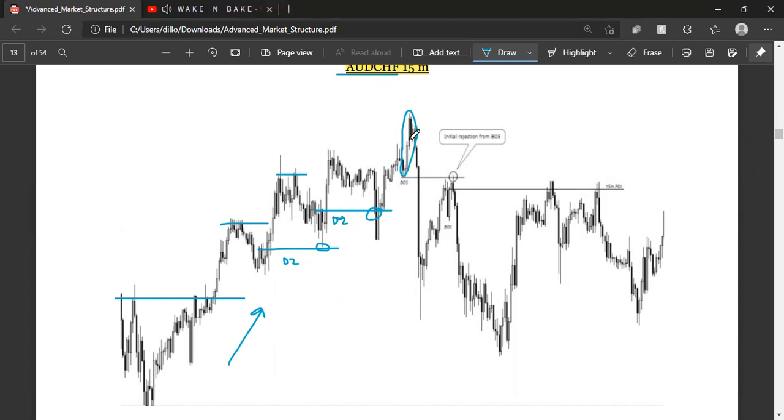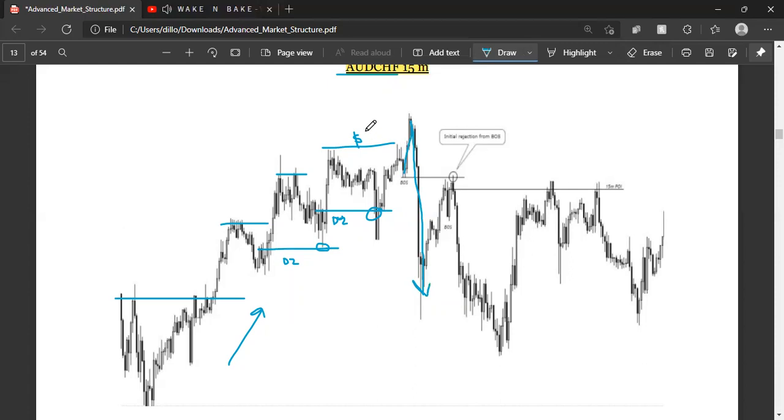But what happens here at this circle? We have highs, we have liquidity, and price shoots above these highs and aggressively trades in the opposite direction.